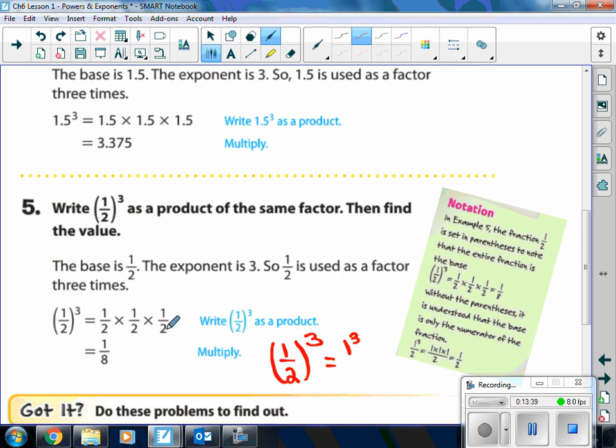And then 2 times 2 times 2, which is 2 cubed. Is everybody with me? So, if I simplify that, 1 cubed is 1, and 2 cubed is 8. So what we're noticing here is that 3 gets applied to everything inside the parentheses.